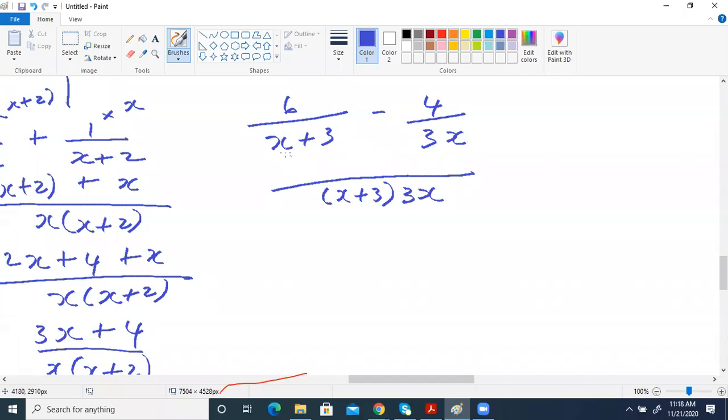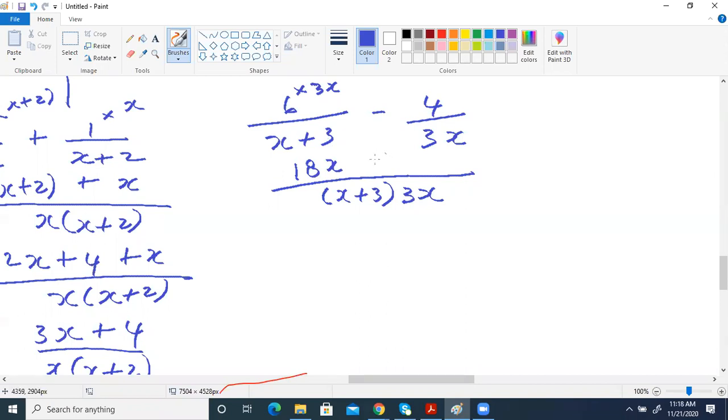So x plus 3 into this gives you 3x. So times 3x. Plus 6x. Hold on a second. That becomes now 6 times 3x is 18x, right? Oh, see, I made my mistake right there.